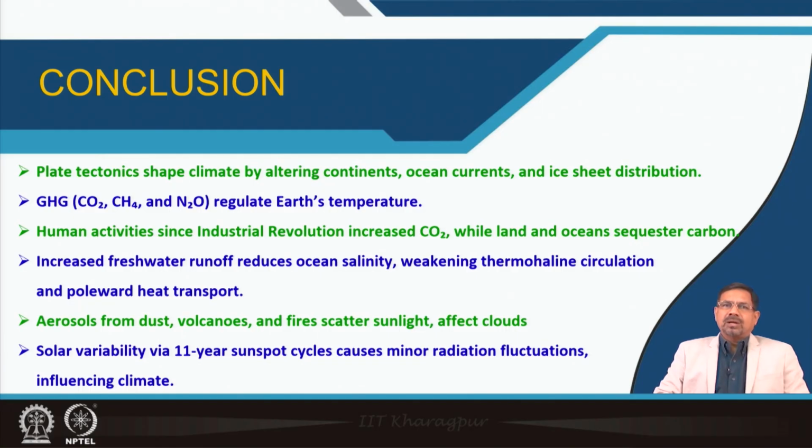Increased freshwater runoff reduces ocean salinity, weakening thermohaline circulation and poleward heat transport. Aerosols from dust, volcanoes, and fires scatter sunlight and affect clouds. And the last one is solar variability, at an 11-year sunspot cycle, causes minor radiation fluctuation influencing the climate.